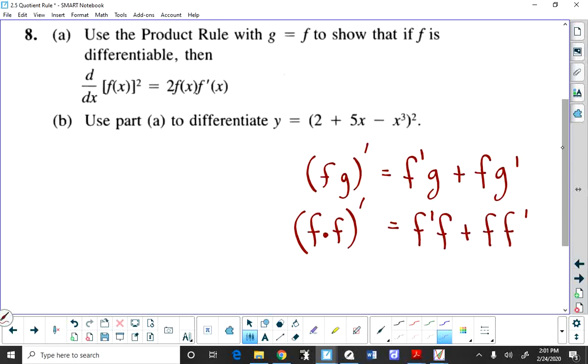Okay. So what they're saying is show that the derivative of a function squared is 2 times the function times the derivative of the function.